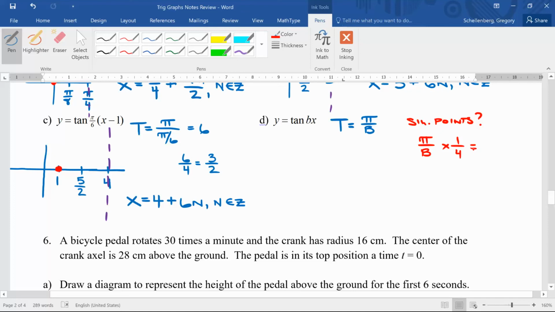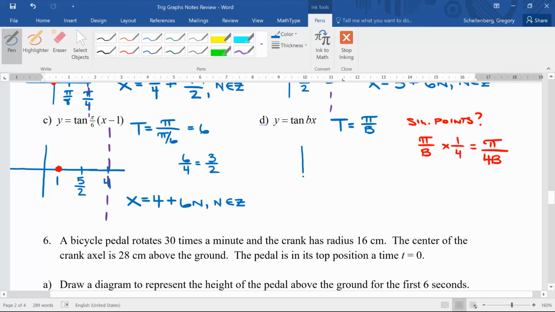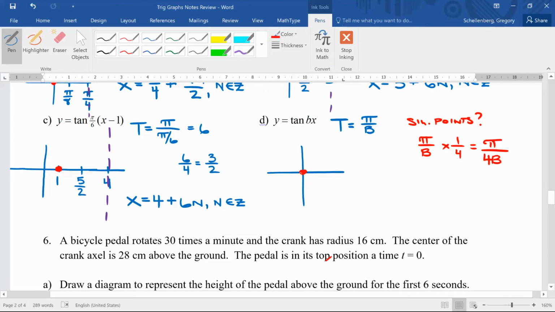So our sig points occur every pi over 4b units. And we'll give ourselves a visual. We have no phase shift, tan function, so we're starting at a midpoint. And we will add one significant point to the right, which is going to be pi over 4b.